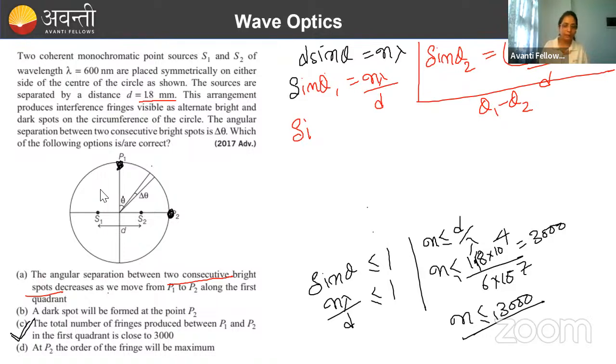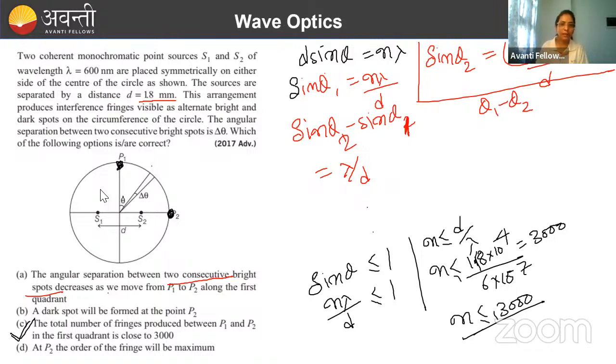So how do we do that? Just see here. If we calculate sine theta 2 minus sine theta 1, we get a positive value equal to lambda by d. So for two consecutive maxima, the sine of one position angle minus the sine of the other is constant, lambda by d.